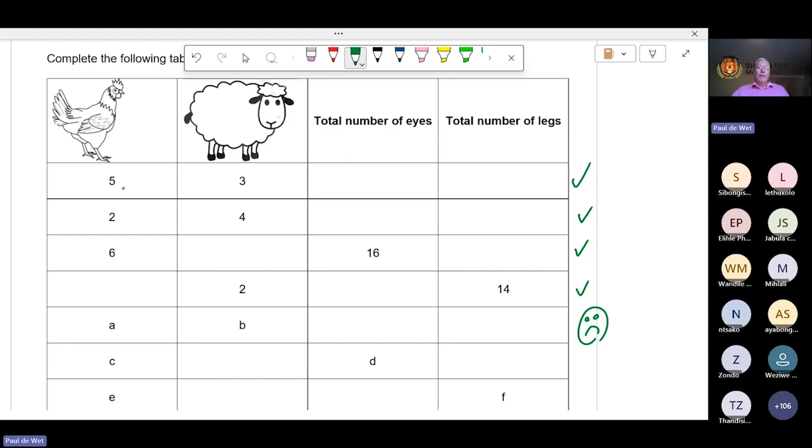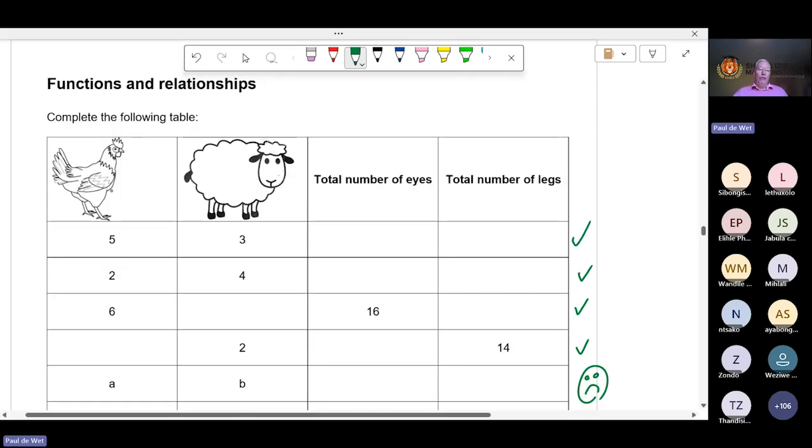We've got 5 hens and 3 sheep. Okay, how many eyes are there? How many eyes have they got all together? All right, anyone want to tell me how many eyes? We're on page 8. How many eyes will we have if we've got 5 hens? Okay, I'm seeing 8 eyes.